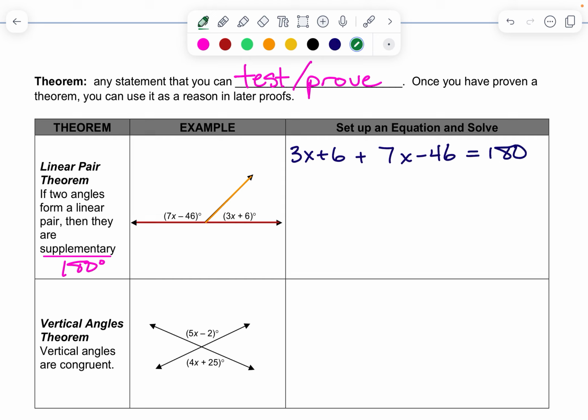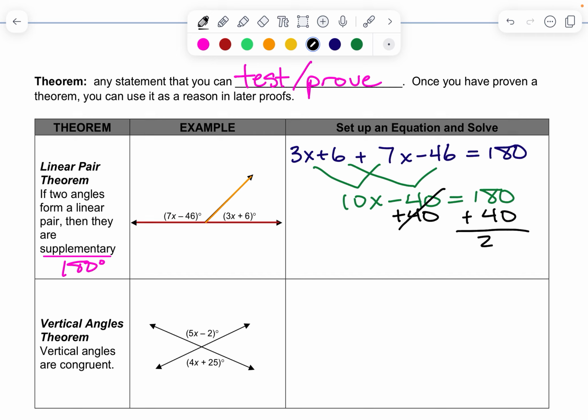And so I can set up an equation that I can then solve, and I can find out just what x is. And then once I know x, I can solve each one of them for their individual measures.